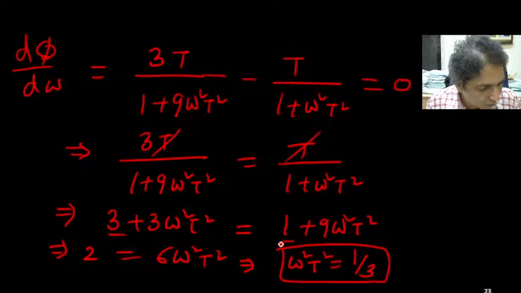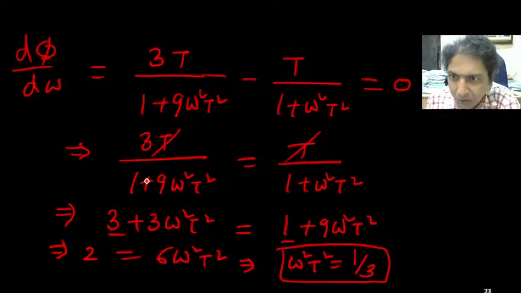So what you will do? At a certain frequency omega where omega square T square equals 1/3, only then you will have the maximum phase. So can I calculate the maximum phase, phi max?